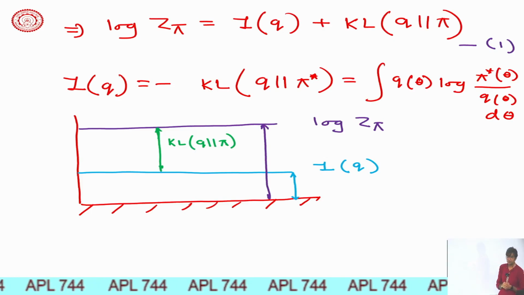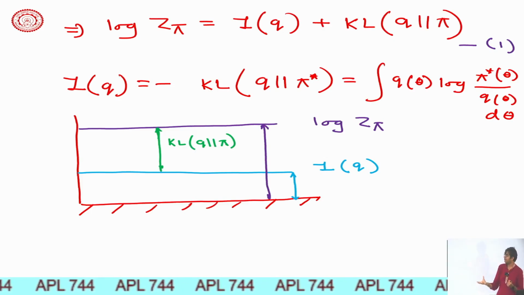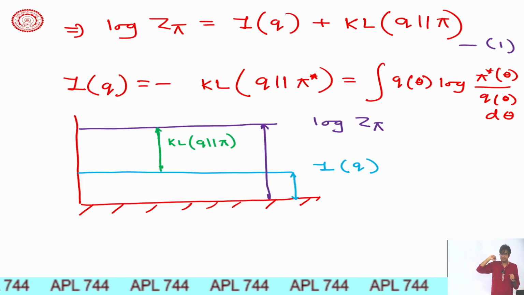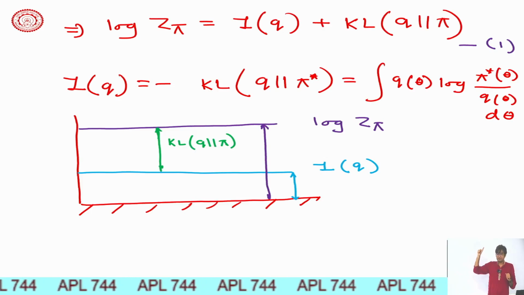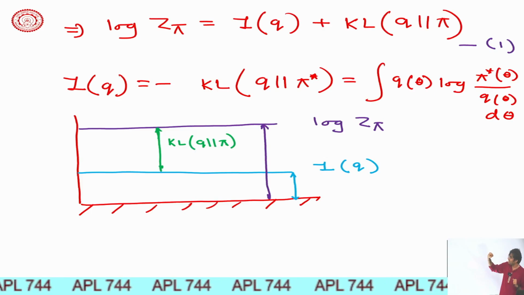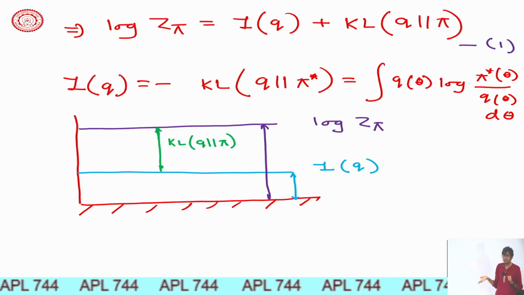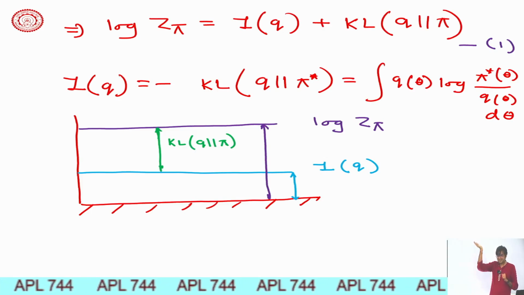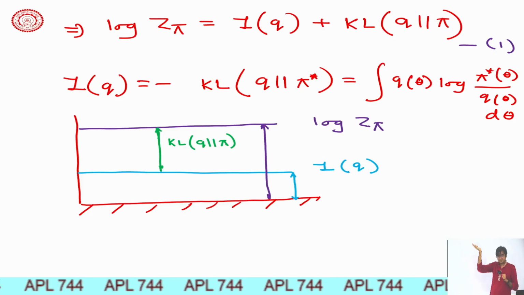Correct? When KL between Q and pi is equal to 0, what can you say about this sky line and this violet line? They will coincide. Correct? So if you want to minimize KL between Q and pi, what are you trying to do? Maximize L of Q. Correct?